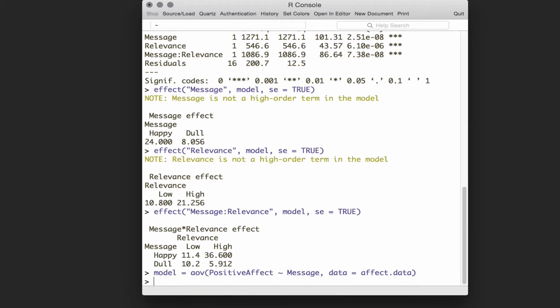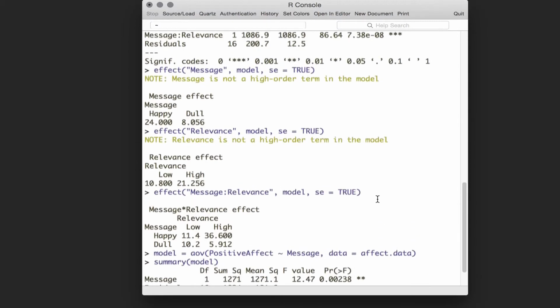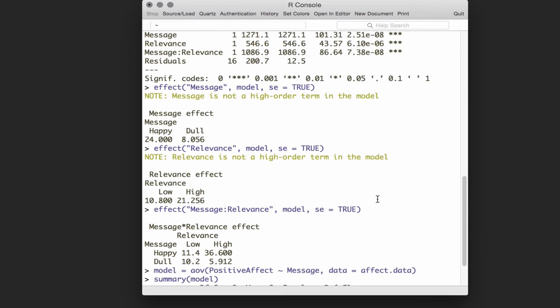But if we look at that and then run a summary of that model, we can see that our significance value is very different.